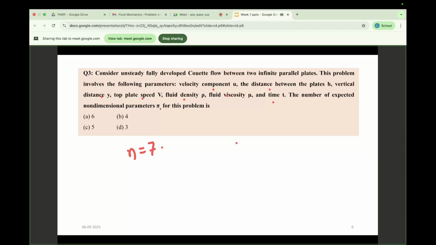Among these, what are the primary dimensions? These are mass, length, and time.